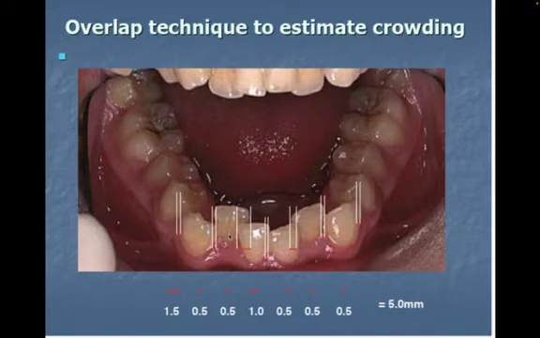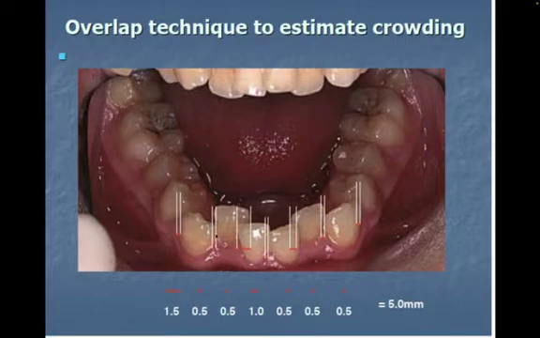However, with the eyeballing, or the overlapping, I measure how much overlap there is between each contact point, which represents the amount of crowding. For example here, the overlap between the mesial side of this lateral incisor and the distal side of this central incisor, which was almost 1 millimeter, represents the space required to align this contact point.